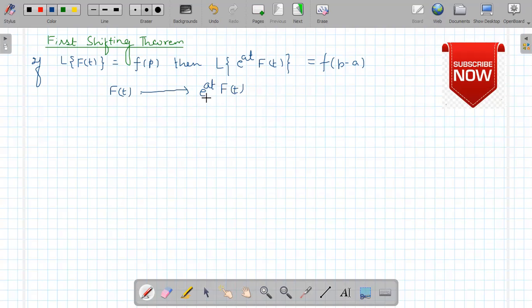Means whatever is multiplied by the exponential function is f(t). मतलब ft वो फंक्शन होगा जो एक्सपोनेंशियल फंक्शन से मल्टीप्लाई हो रहा होगा, दैट इज ft. तो आपको ft का लाप्लास ट्रांसफॉर्म फाइंड आउट करना है, इससे आपको fp मिल जाएगा. अब fp की हेल्प से हम e raised to the power at ft, इस फंक्शन का लाप्लास ट्रांसफॉर्म कैसे फाइंड आउट करेंगे? हम इस फंक्शन में p को p माइनस a से रिप्लेस कर देंगे.